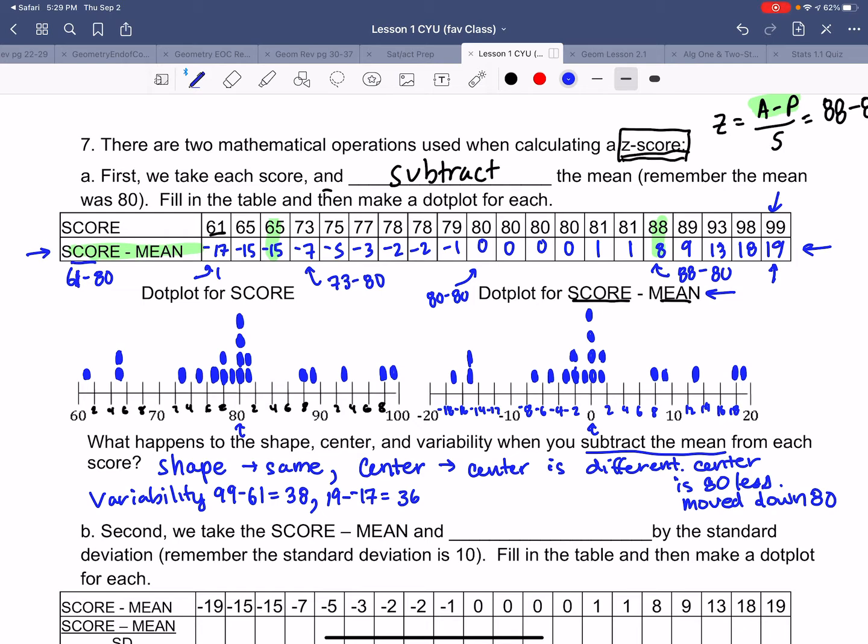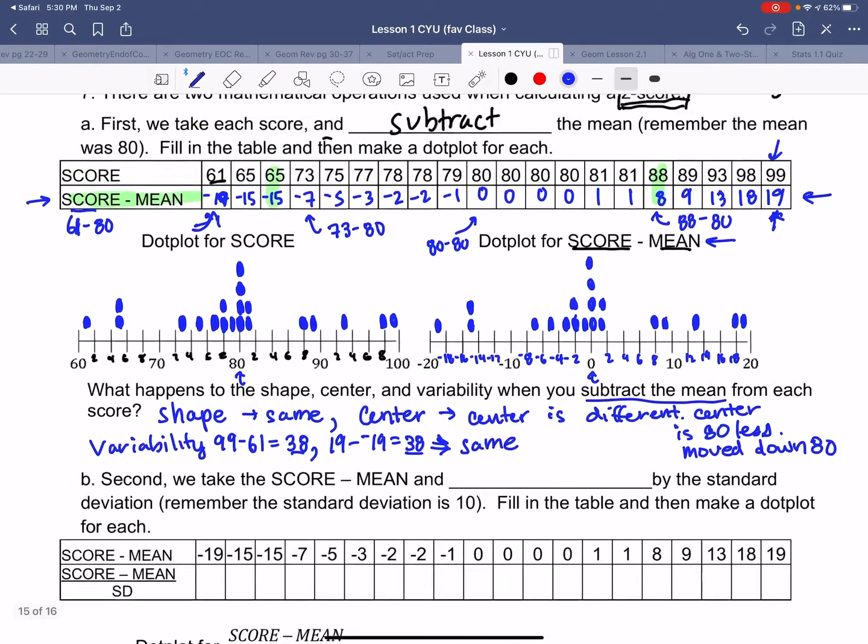Yeah, 61 take away 80 is negative 19. Okay, so if anybody was going crazy this whole time. Oh, and that makes sense, because this dot is there. Negative 19. Sorry if you've been waiting for me to catch that mistake. If I make mistakes, I'll catch them eventually. Okay, so the max was 19. The min is negative 19, and that is 38. So notice the variability is the same.